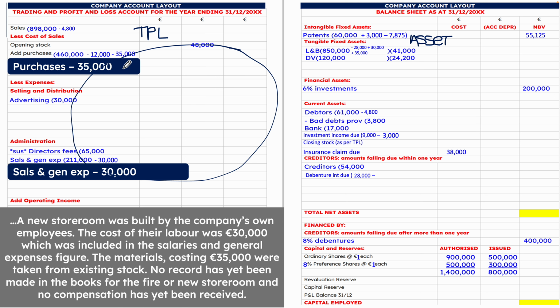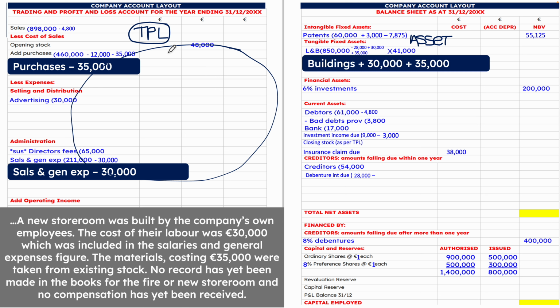So we have to take that 65,000 out of the TPL because the TPL is for the business's expenses and revenues, not the assets. So we're going to put that where it rightfully belongs, which is over in the asset buildings. We're going to add the 30,000 and the 35,000, and that adjustment is completely done. That's it.